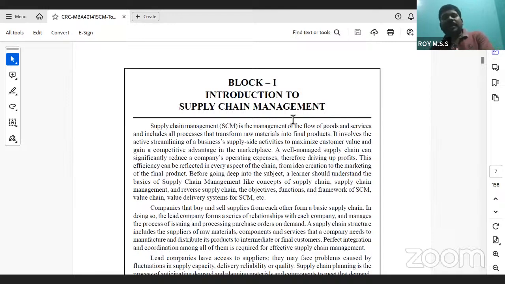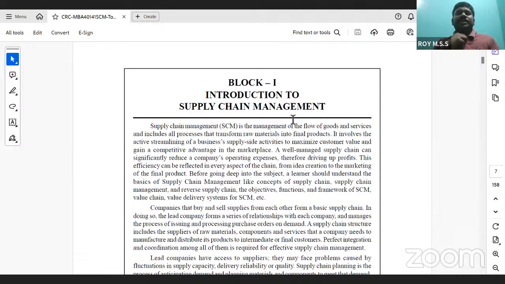Supply chain management talks about the movement of goods and services and the processes which include conversion of the raw material, starting from where you get the raw material, the terminology we use here being the sources of the raw material, to the finished product, the final product.